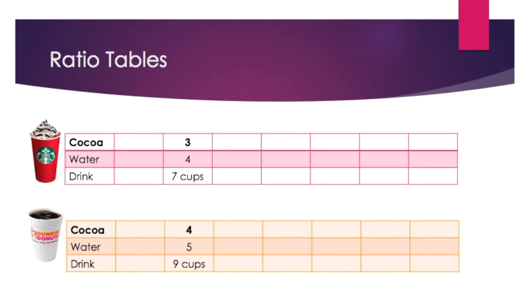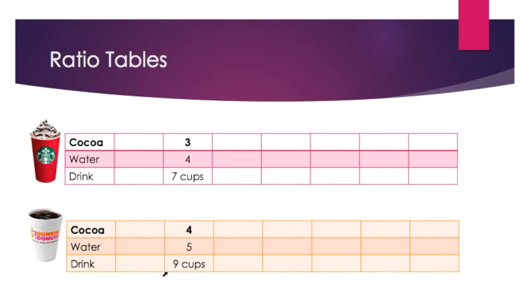So for example, if I have 4 cups of water in my Starbucks recipe and 5 cups of water in my Dunkin' Donuts recipe, I'm starting out with different amounts of cocoa. I'm starting out with different quantities. So I really want that base of the hot water to be the same, and then I can add my cocoa and decide which is more chocolatey.